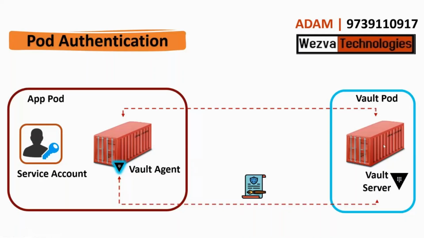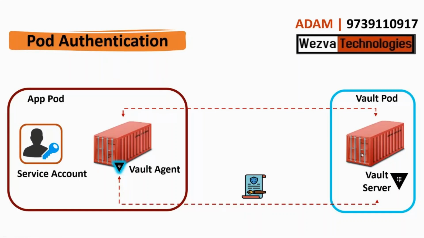However, for this, we also need to set up something called a policy in the server. The policy should say which service account is allowed to read the data from the vault server. So you have to do these two things additionally.